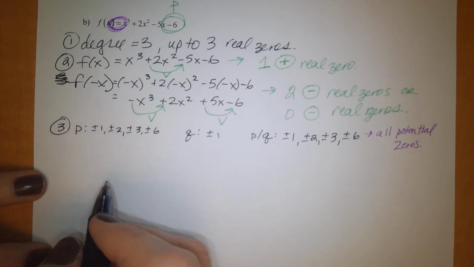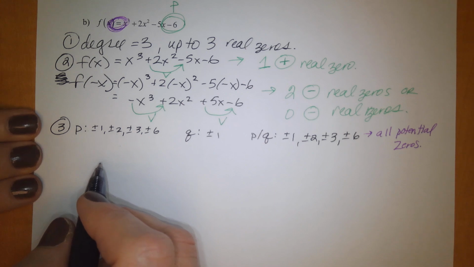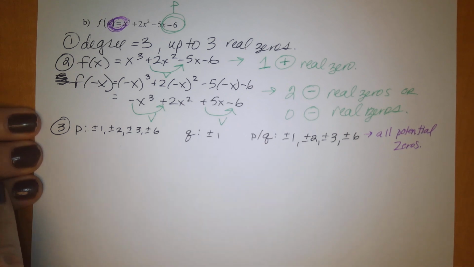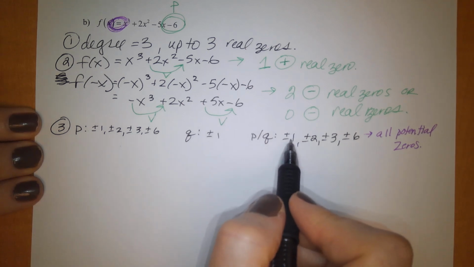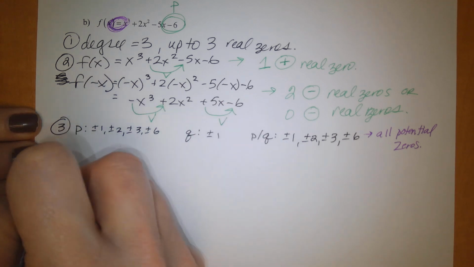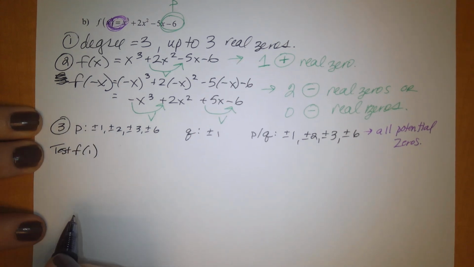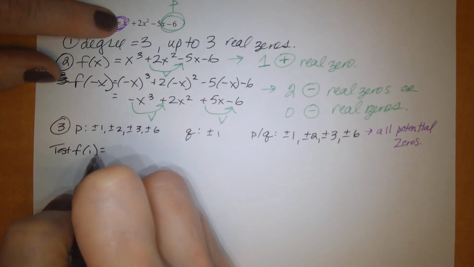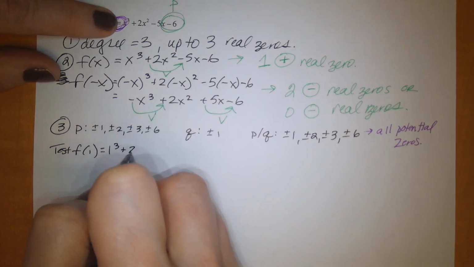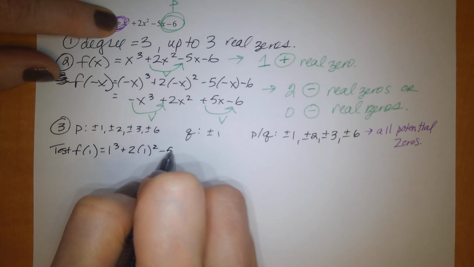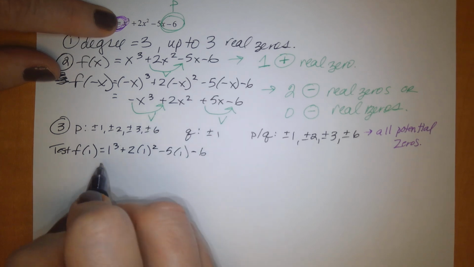So now we test some points. Let's look for the remainders to decide if we even have to do the division. So let's test the first point, 1. I always start with the easiest. So let's test f of 1. If we plug that in, we have 1 to the third plus 2 times 1 squared minus 5 times 1 minus 6.